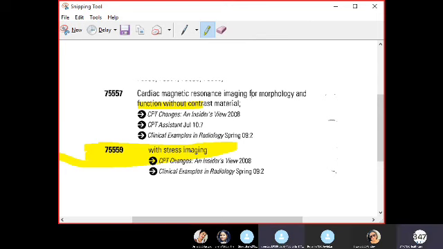Intravascularly, intra-articularly, and intrathecally, oral and rectal. This will be considered with contrast? No. Oral and rectal, even when the contrast material is given, are considered without contrast. Please remember carefully.